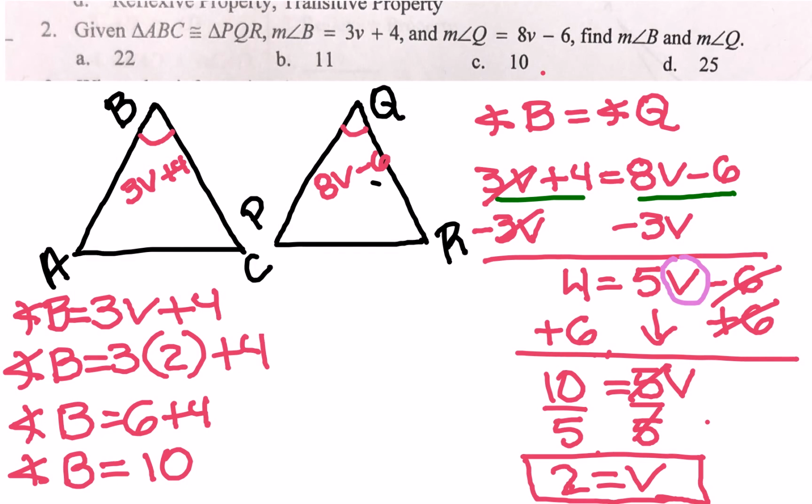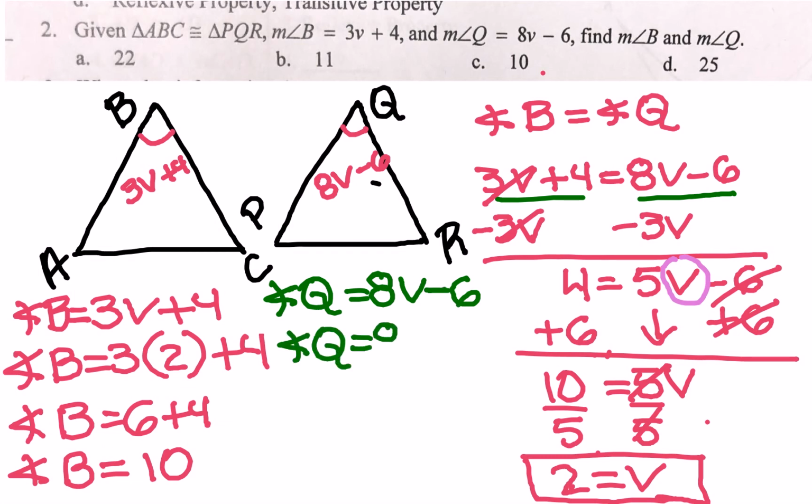Now, if you just want to double check if you're right, you can find the value for angle Q, and they have to match. They need to have the same value. So let me just, to be sure, let me find angle Q. Angle Q equals 8v minus 6. So angle Q equals 8 times my value for v, which is 2, minus 6.